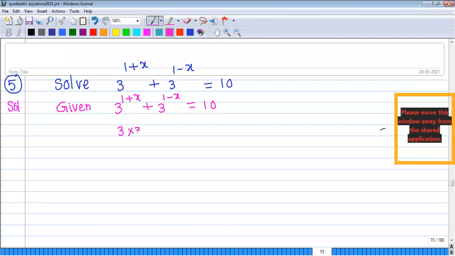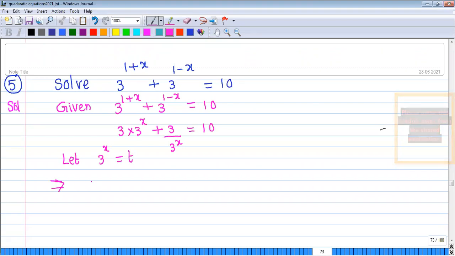So 3 times 3 power x, plus 3 power 1 minus x we can write as 3 upon 3 power x, since a to the power of m minus n is a to the power of m by a to the power of n, equals 10. So let us say 3 power x is equal to another variable t. That implies we can write 3t plus 3 upon t equals 10.